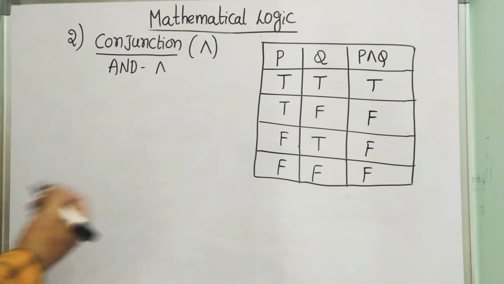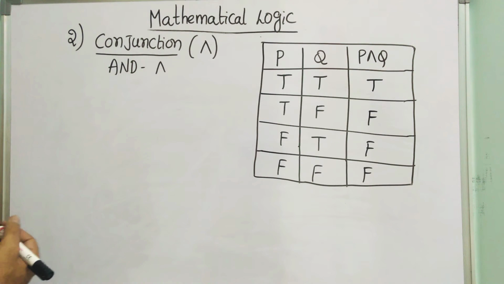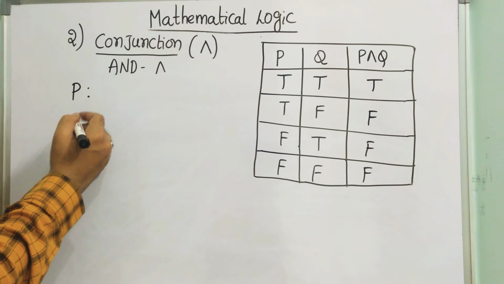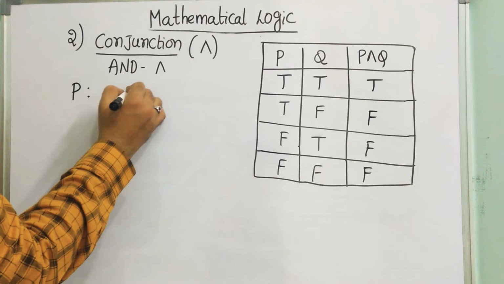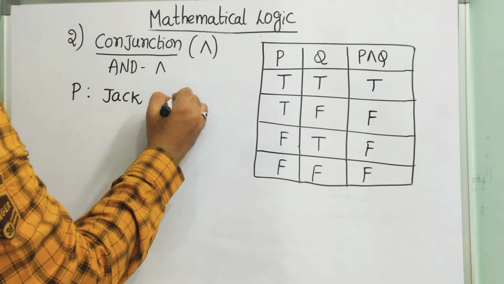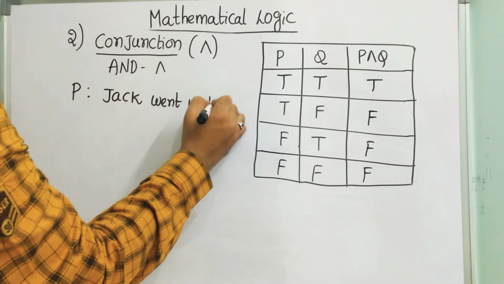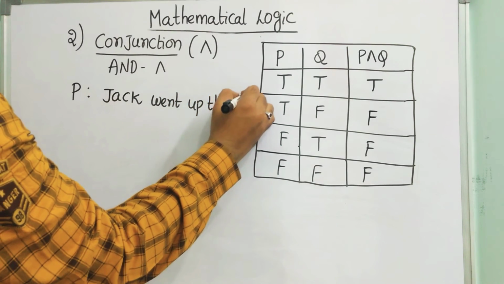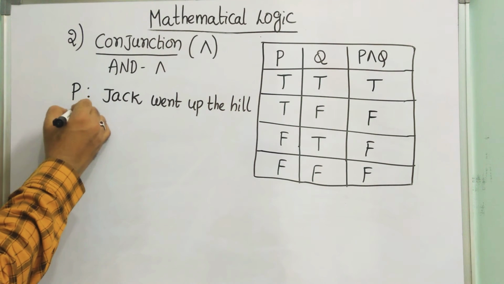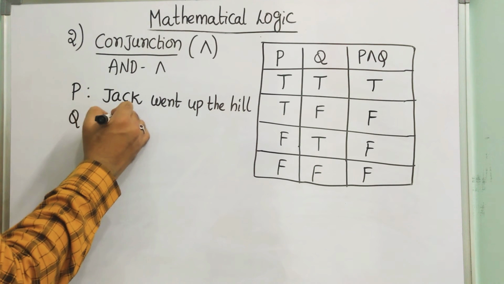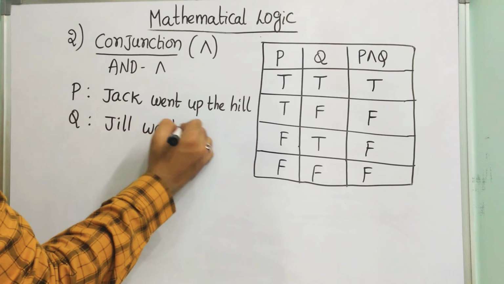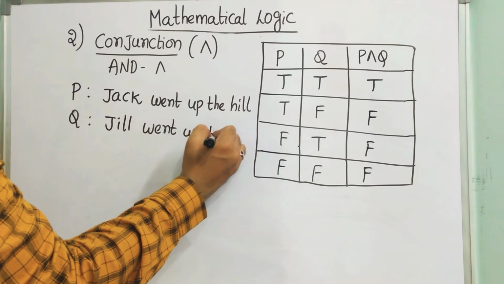And we can also consider an example here. Suppose consider statement P as Jack went up the hill. Jack went up the hill. And statement Q can be considered as Jill went up the hill.